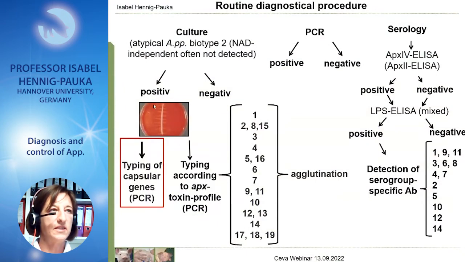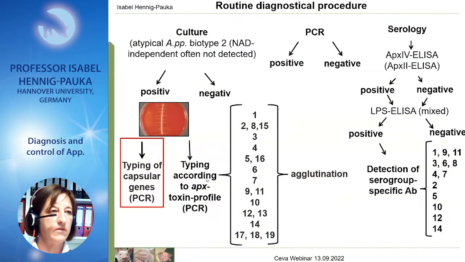So this is a routine diagnostical procedure. Most important, the culture shown on the left, and APP is mainly biotype 1, which is NAD dependent, and the typical growth you can see here on the plate with the colonies growing tightly in neighborhood to the nurse strain, which is producing NAD, in this case is Staphylococcus strain. And if you have a pure culture, you can type the capsular genes by PCR.